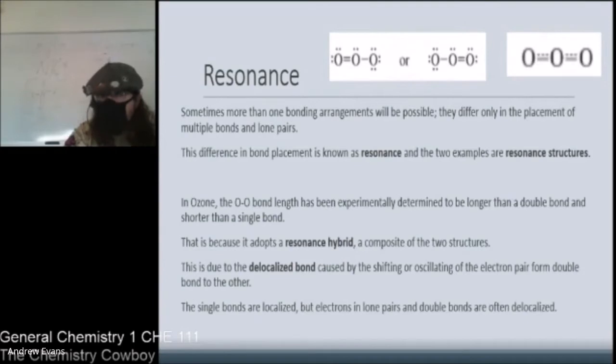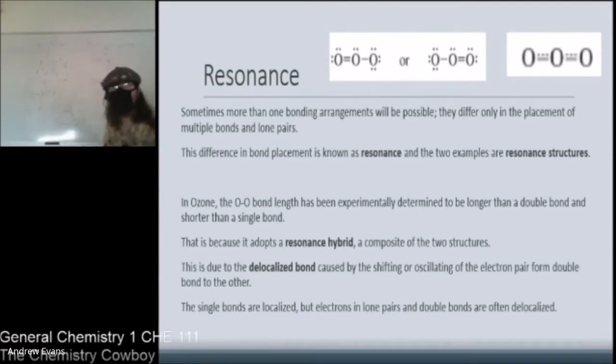If I find a different way to draw this that is still valid, that no longer becomes a resonance structure. You might be able to draw this guy with some sort of ring, some sort of three-membered ring.